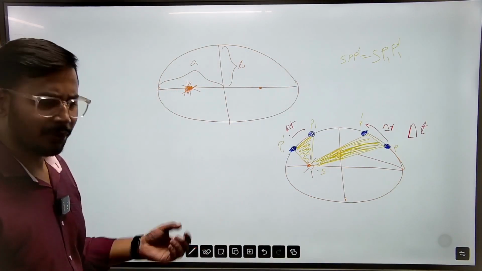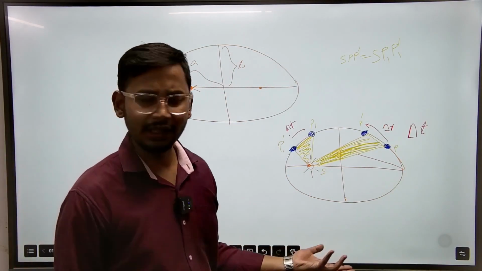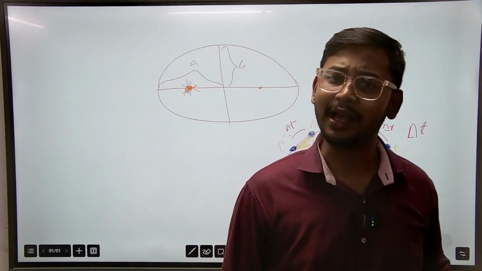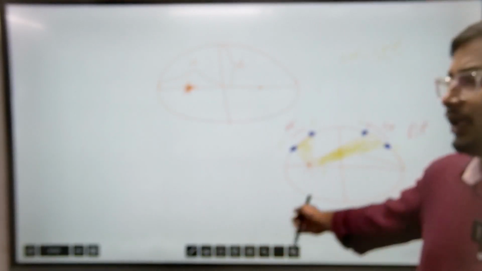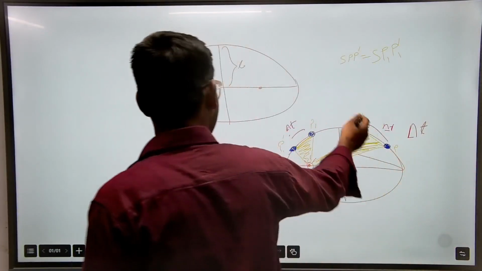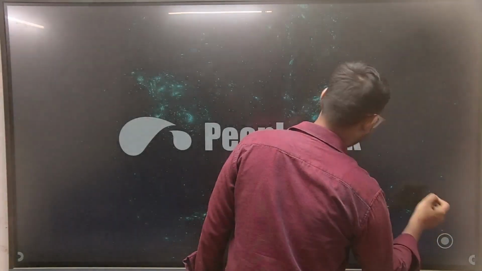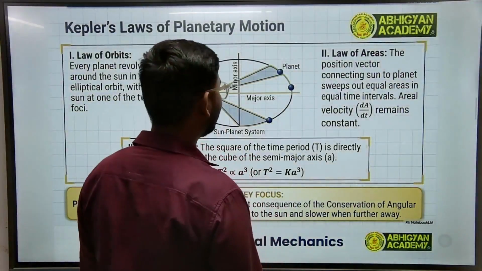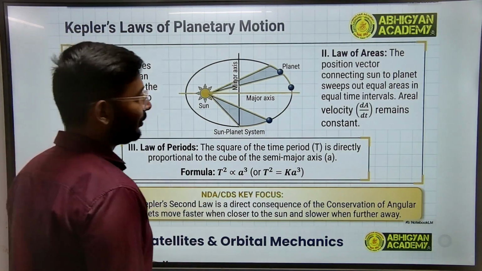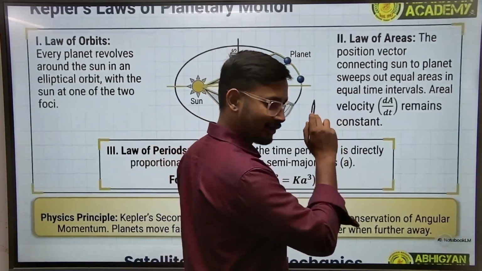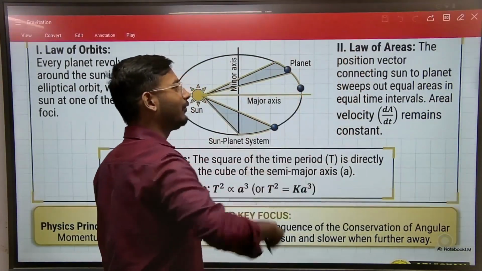Since we are talking about changing position with time, this is velocity, and since we are considering the area, so it will be called areal velocity. So for the orbit, the areal velocity remains constant, and second law is called, that's why, law of areas. Remember.